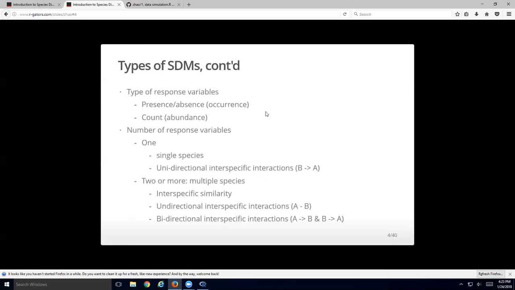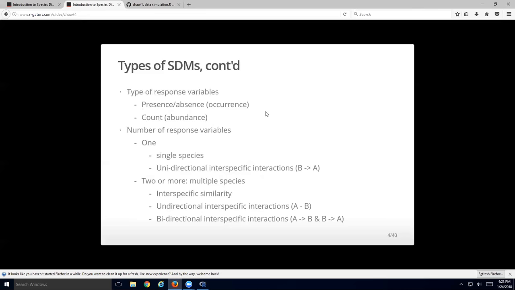If there is only one response variable, that means you only have observations for one species, that's a single species model. But sometimes you can have data for more than one species. However, your response variable is just for one species, and your data for other species are used in the model as predictors.